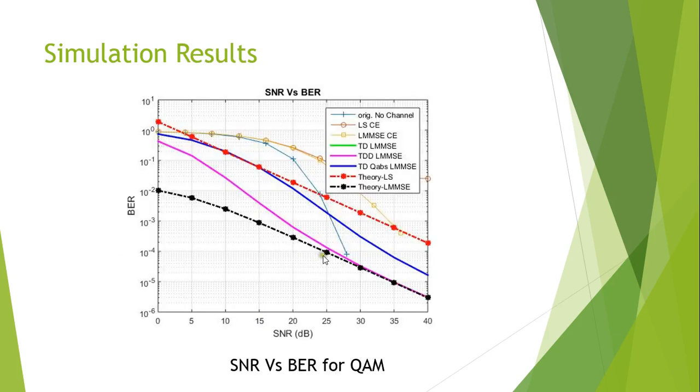So these are the simulation results: the bit error rate versus signal to noise ratio. Here you can see the original channel and the channels estimated through LMMSE algorithms, the time domain LMMSE and the time domain QAPS LMMSE.